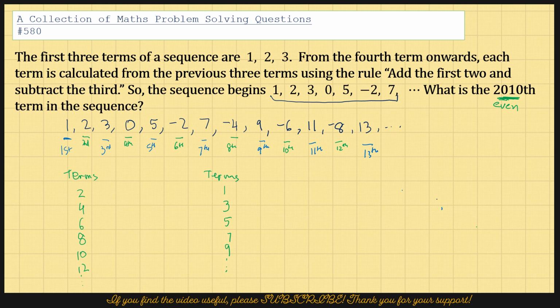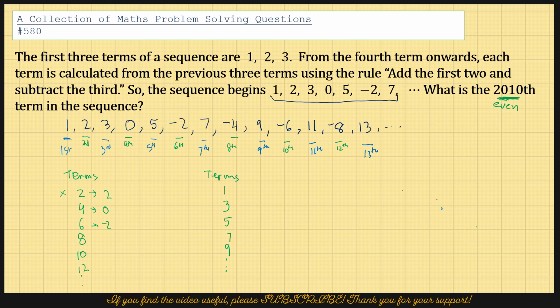the terms in the even sequence, the 2nd is 2, the 4th is 0, the 6th is minus 2. So you see, if you leave the first term out, from the second term there's a difference of 4 between the numbers.